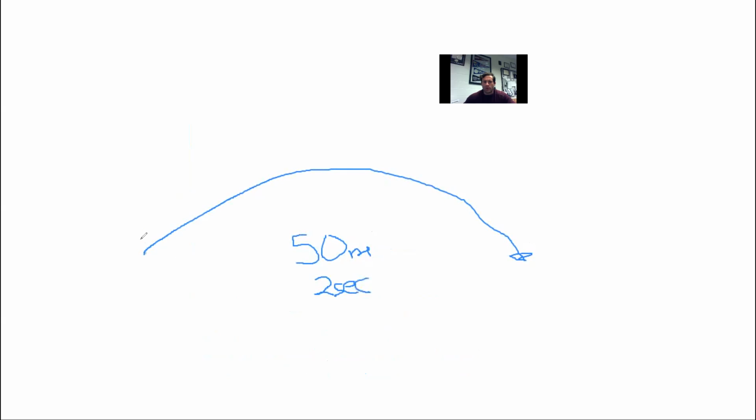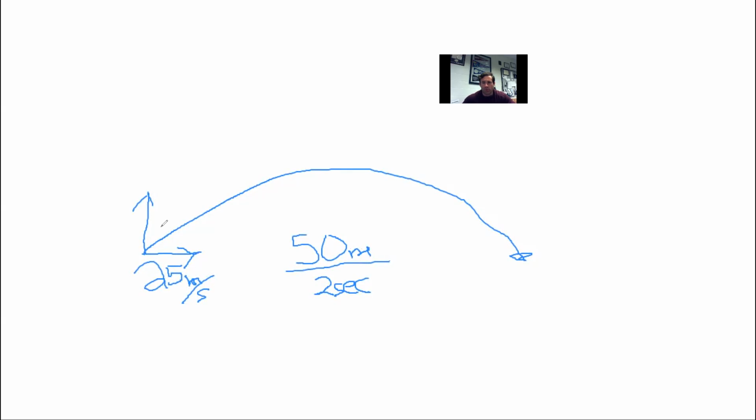So what that means is we need to solve for the vertical velocity and the horizontal velocity. And the horizontal velocity is going to be 25 meters per second because we literally just have to divide 50 meters by 2 seconds.